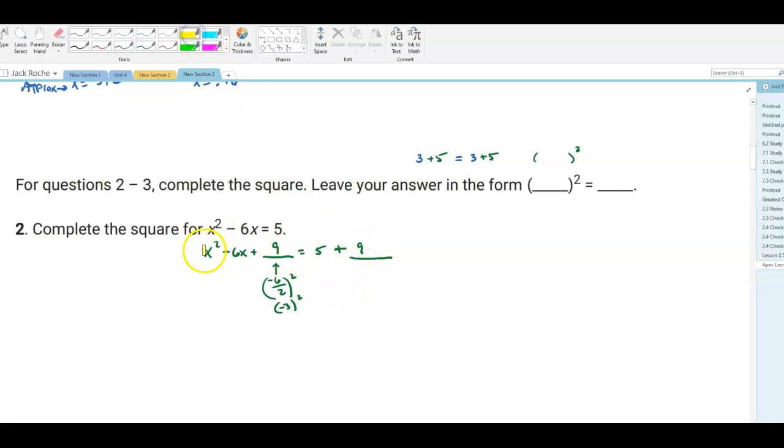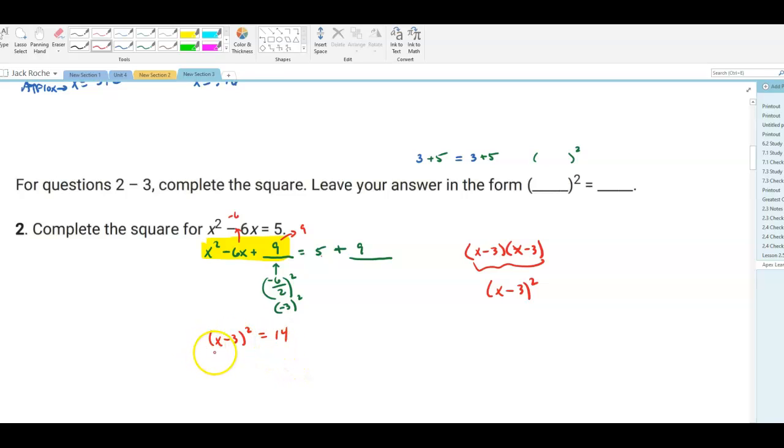Now what you have to understand is the reason we added 9 here is because now we can factor this. If you think about it, what numbers multiply to give you 9 and add up to negative 6? That would be negative 3 and negative 3, right? So this can be rewritten as x minus 3 all squared. So now we would get x minus 3 all squared equals 5 plus 9, which is 14.